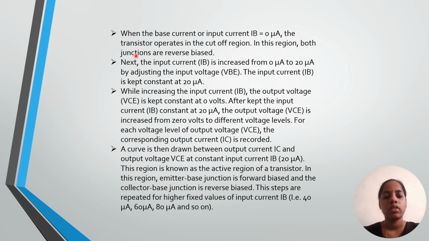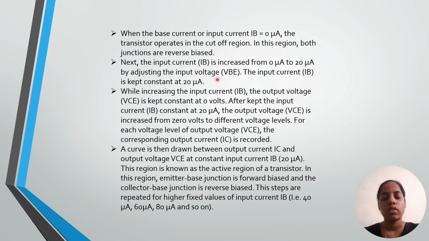If both the emitter base junction and collector base junction are reverse biased, then it is called cutoff region. If both the emitter base junction and collector base junction are forward biased, then it is called saturation region. If the emitter base junction is forward biased and the collector base junction is reverse biased, then it is called active region.